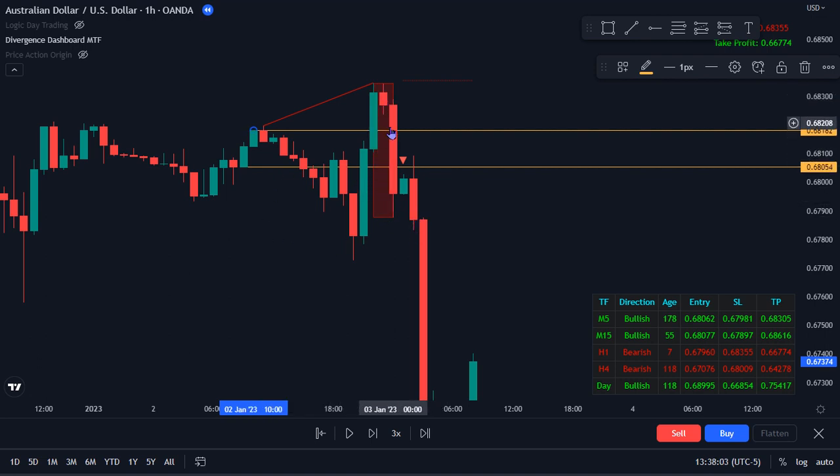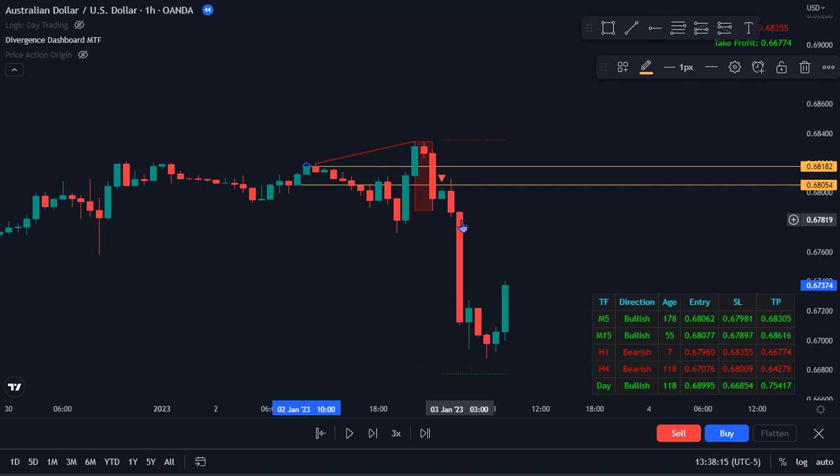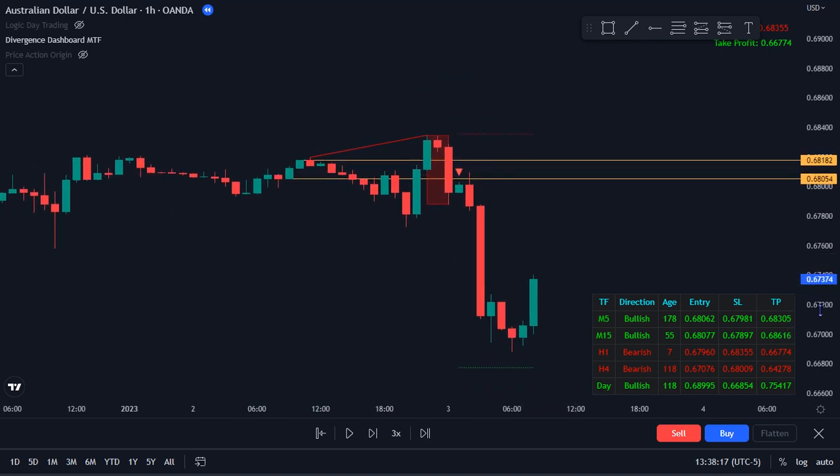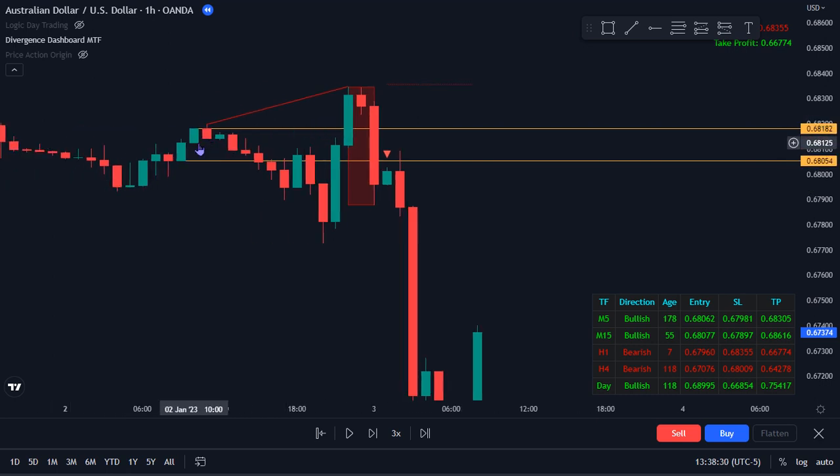So what does it do? It then breaks below the proper supply zone, wicks right back into it, and drops. With this on your chart, you can oftentimes find and look for what is the real supply zone in play. What is the real order flow?